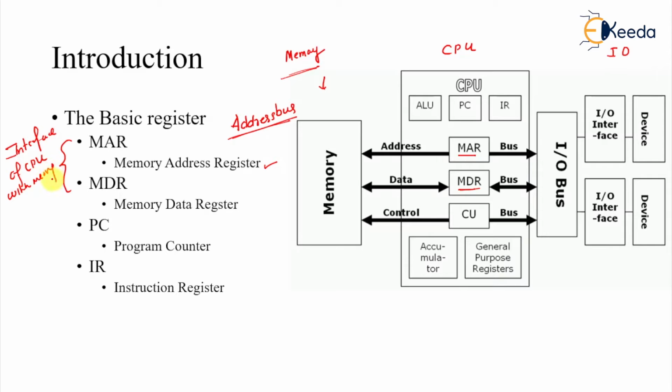So directly it does not communicate with memory, it communicates through this address and data register. Then you have another register that is called program counter, PC, and IR is the instruction register.